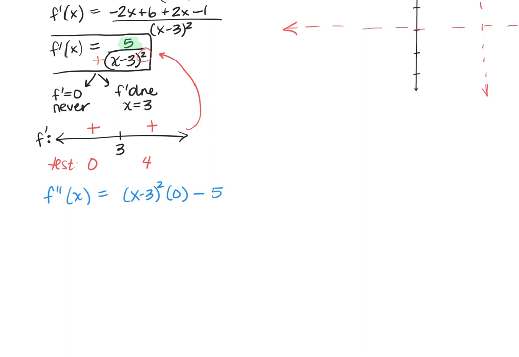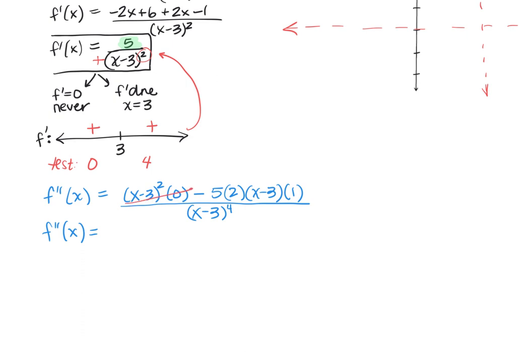The derivative of the denominator, we're going to do our chain rule. So 2 times the quantity x minus 3, technically to the first power, multiplied by the derivative of x minus 3, which is just 1, all divided by the denominator squared. So it is already squared and getting squared again, so it's to the 4th power. That simplifies pretty nicely since we have this whole quantity times 0.